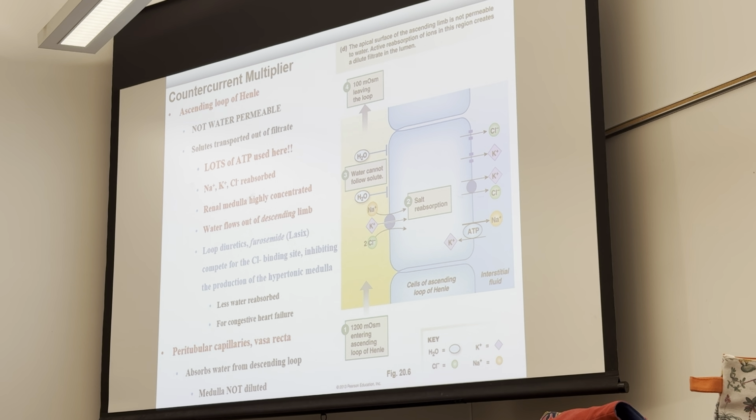In that respect, less water is absorbed and more water leaves, so therefore the name diuretics. Of course it has a place in high blood pressure, heart failure and such. So that's where they do work.